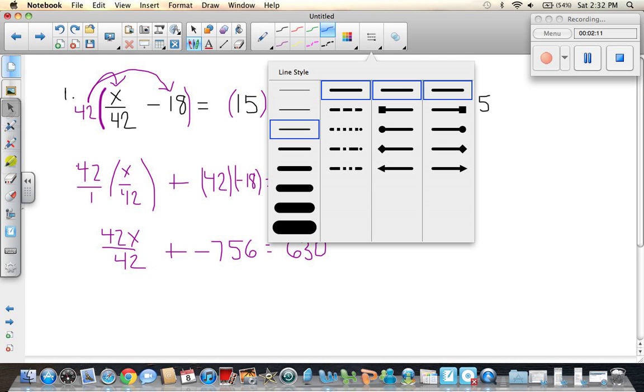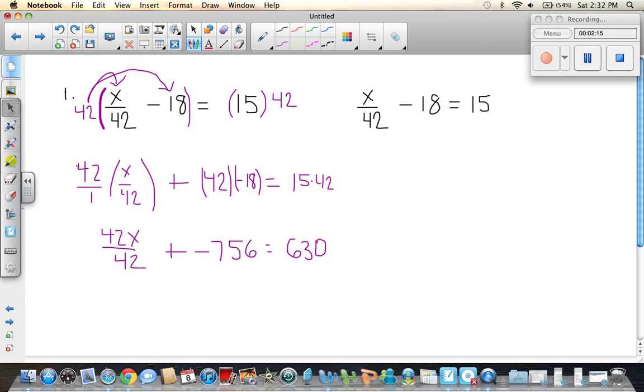So then from here, we go ahead and we do the same thing to both sides. We're going to move the 756 to the right side. So 630, we add to that 756. 0 plus 6 we get 6, 5 plus 3 we get 8, 6 plus 7 we get 13, so 1,386.